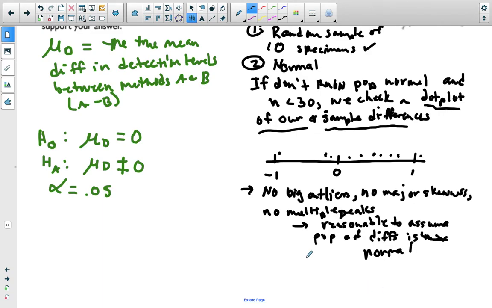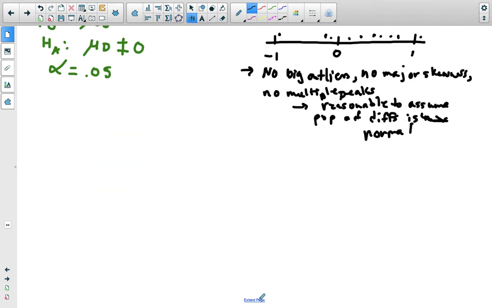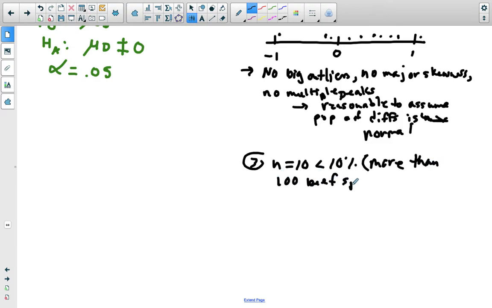The third condition is independence. You have to check those. So the third condition is we have n equals 10 specimens. That is reasonably less than 10%. So I'm going to write it like this. This means that there are reasonably more than 100 beef specimens in the population.